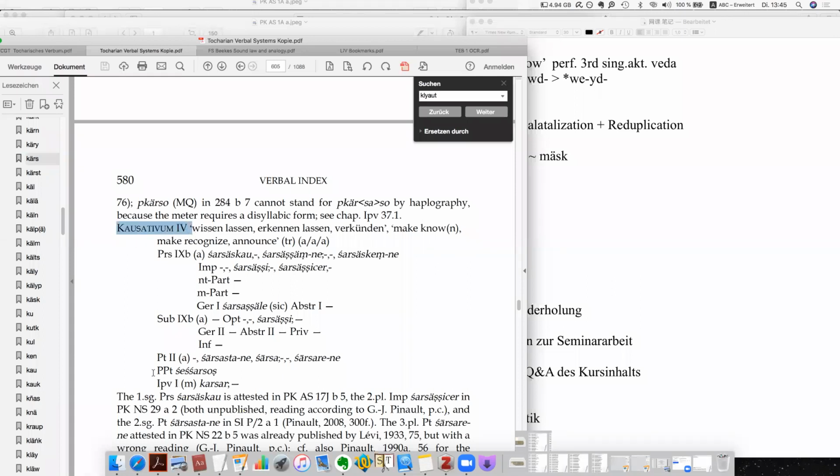So it means, it has causative meaning, right? So the meaning is, the form is sharsasta, sharsa, and so on, right?